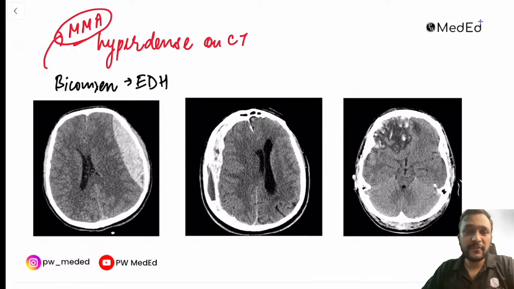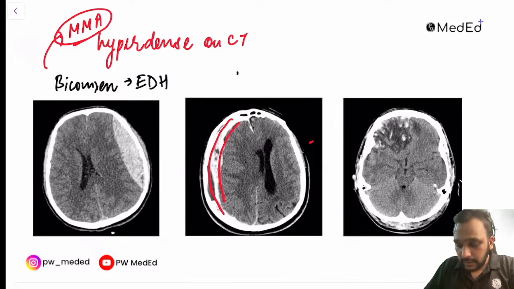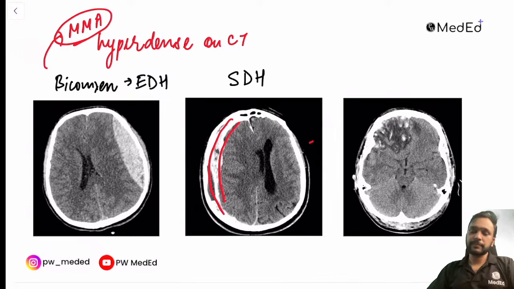If you look at the second image, the shape of this bleed is concavo-convex, and a concavo-convex bleed is seen in subdural hemorrhage.